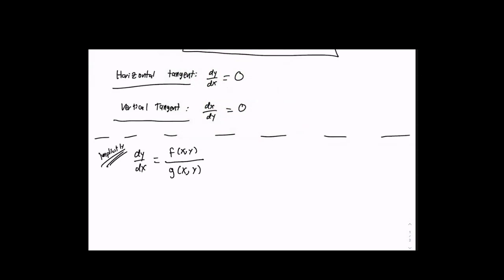As such, and also, I wanted to add something here. A funny thing happens here. dx/dy actually turns out to be equal to 1 over dy/dx. They actually turn out to be just reciprocals of each other.